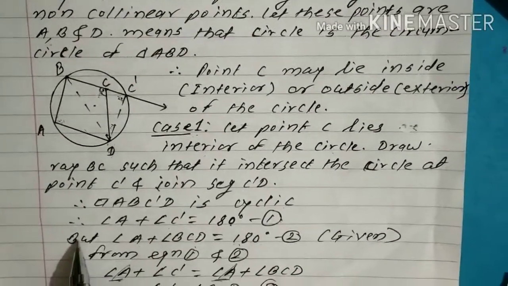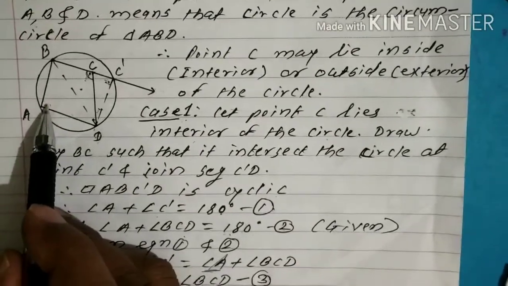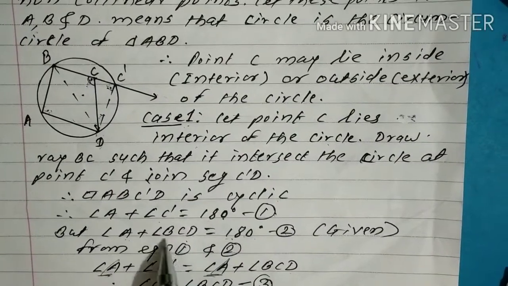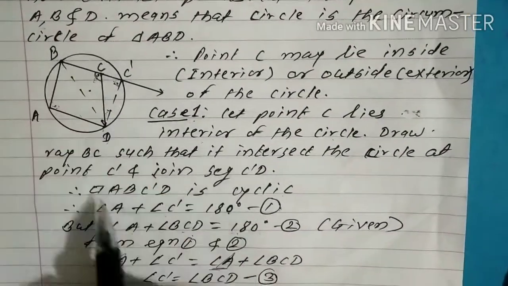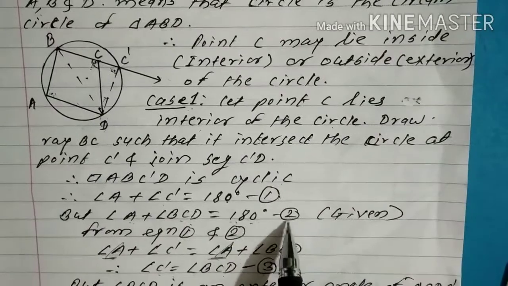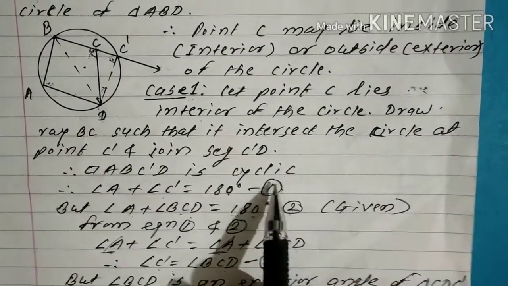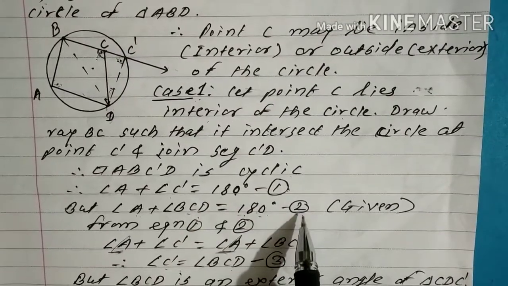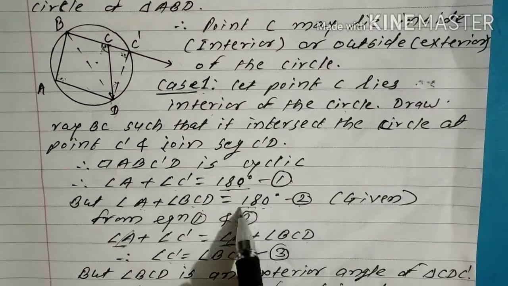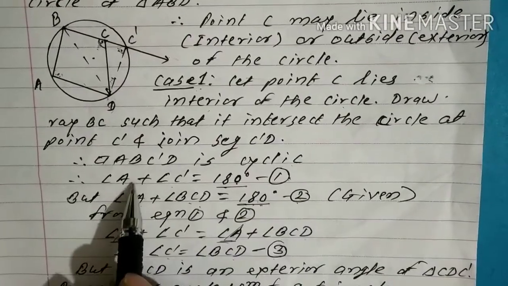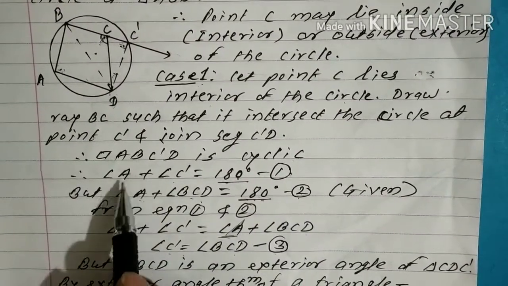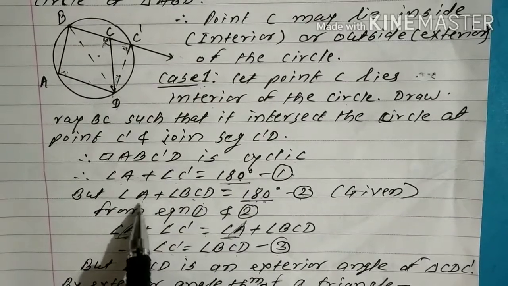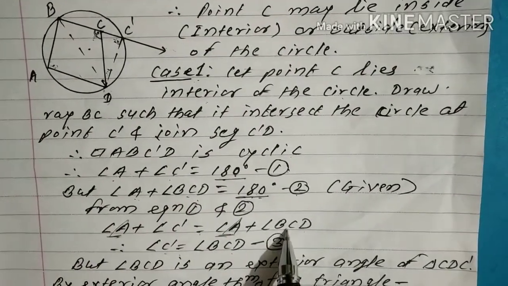But angle A plus angle C, that is angle A plus angle BCD, is equal to 180 degrees, equation 2, this is given. From 1 and 2, the RHS of equation 1 and equation 2 are the same. Hence, the LHS are also equal. Therefore, angle A plus angle C dash is equal to angle A plus angle BCD.